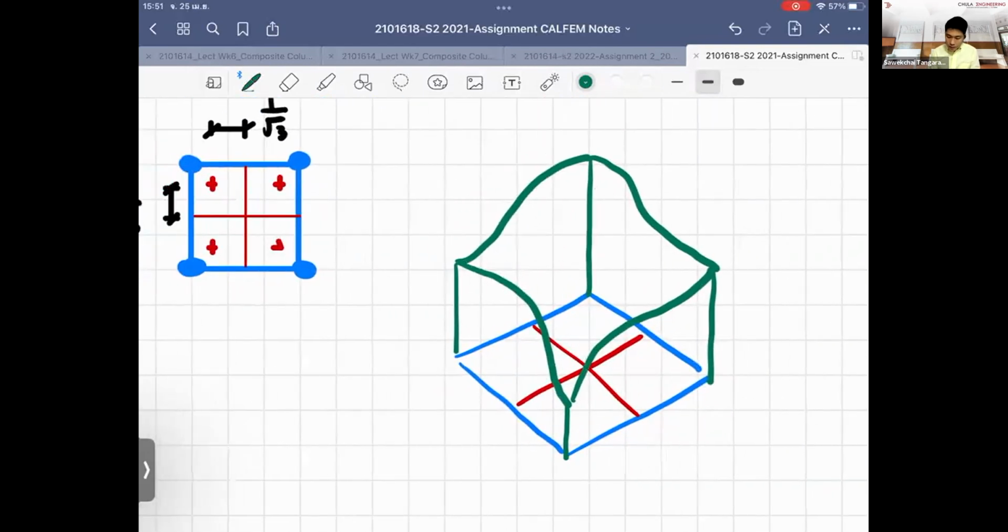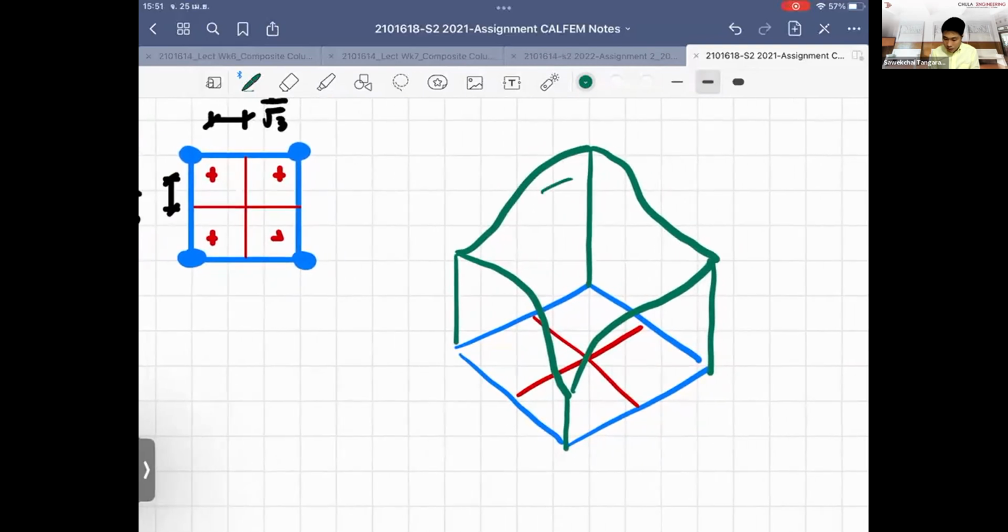So this might be the surface, the surface of the distribution of the stress.